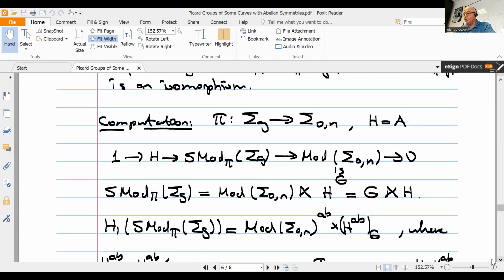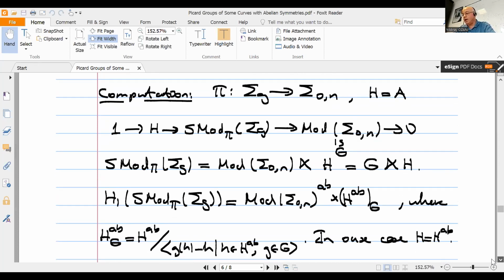Okay, it turns out that this homology, maybe not the Picard group, but the symmetric mapping class group, is an extension involving the mapping class group and H. Here we have a semi-direct product, and this exact sequence is what?